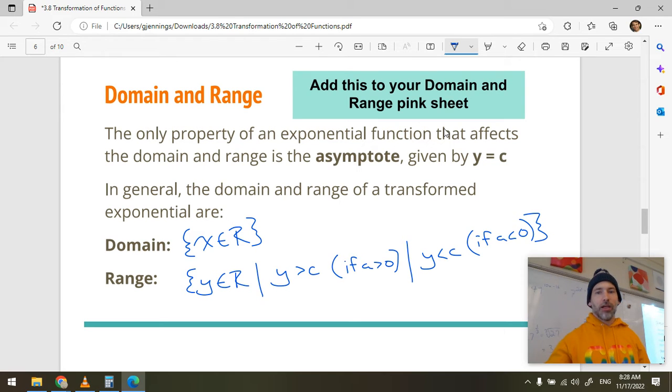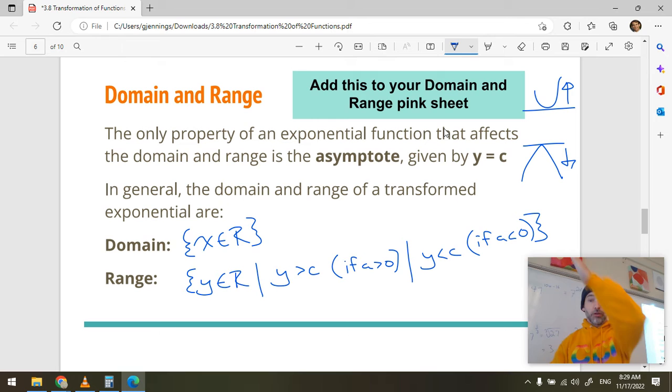Well, it's just like with a parabola, where some parabolas open downwards and some open upwards. These parabolas have minimum values, and y is bigger than that. And these parabolas have maximum values, and y is always less than that. With exponentials, it's similar. They either grow or they grow negatively when a is negative. And in the cases where a is negative, then y can be all those values below c.